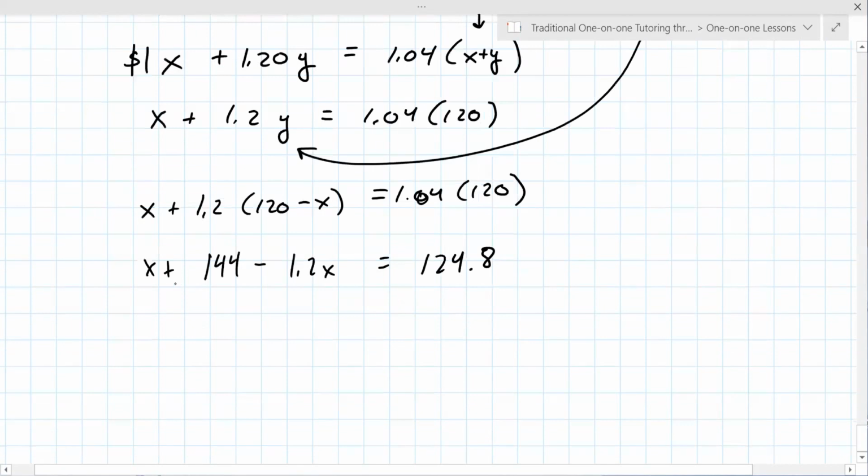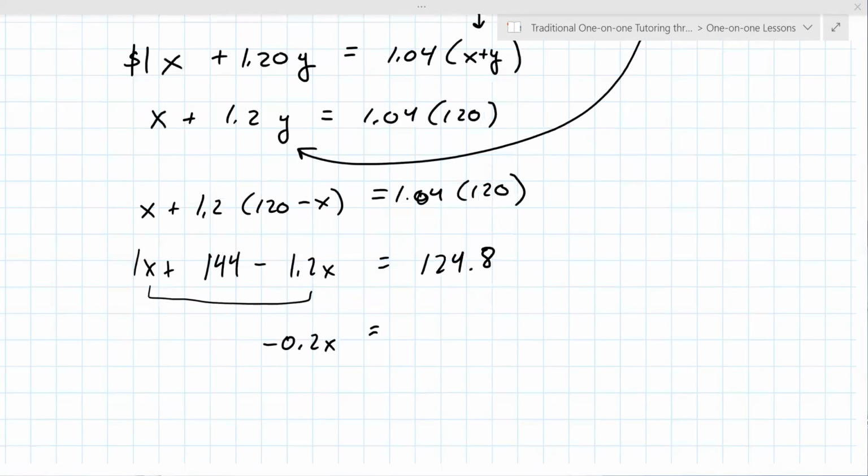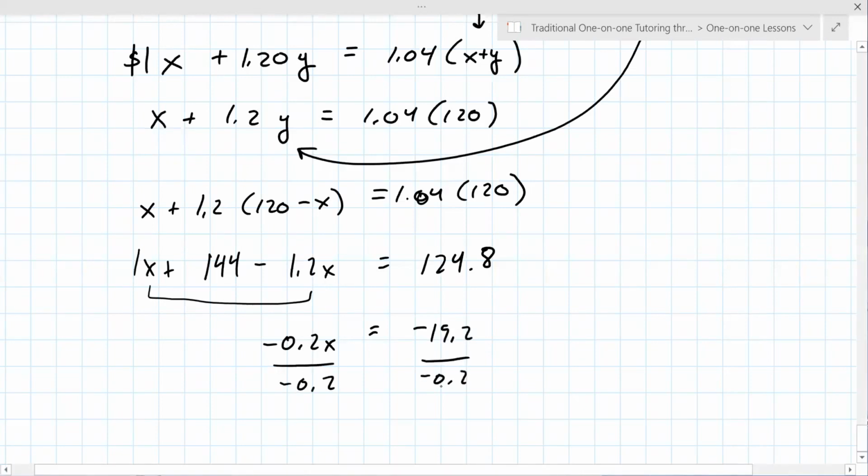Okay, so then you combine like terms, and that gives you minus 0.2X, which looks bad, but when you subtract 144 from both sides, you end up getting a negative number over here. You get minus 19.2. You divide both sides by minus 0.2, and X equals, what does it equal, times 10?